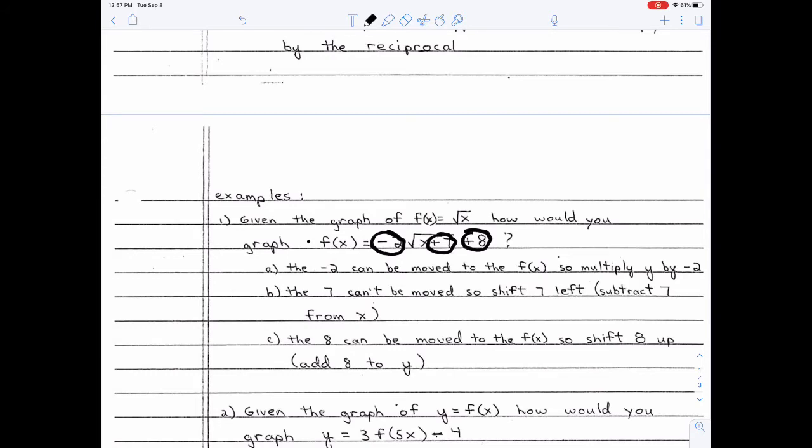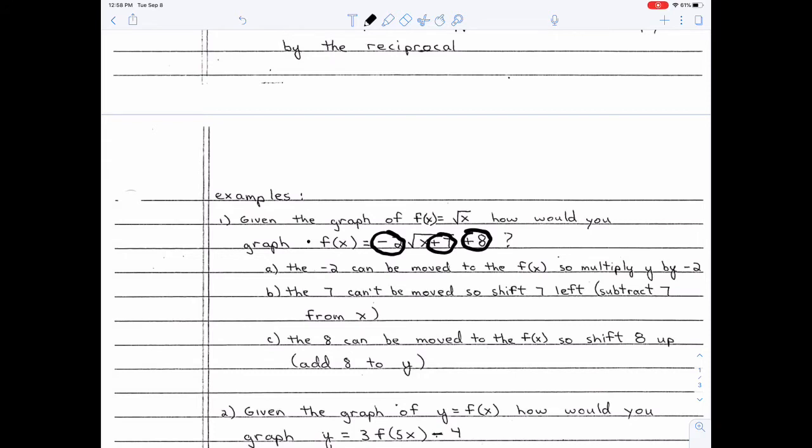Again, what are the two questions you're going to ask? Is it with the x or the y? And then once you figure that out, do you do the same as what it says, or the opposite? Could I move that -2 over with the f of x? Yes, I could. I'm not going to, and I would really recommend you not. I would recommend you read the equation as it's written. But I could move it over so it's with the y.